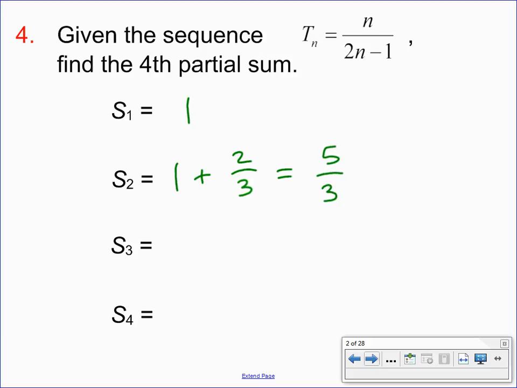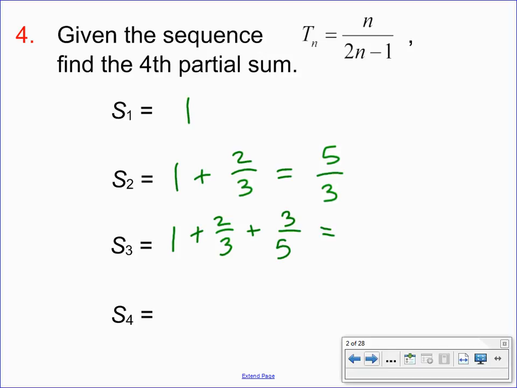Awesome. S sub 3 would be the sum of the first three terms in that sequence. So we've already got our 1. We've got our 2/3. Plus our third term would be 3 over, oh, you see the pattern now? 2 times 3 is 6 minus 1 is 5. So I'm getting 3/5 for my next one. Are you guys getting that? Awesome. And so that would be 15.